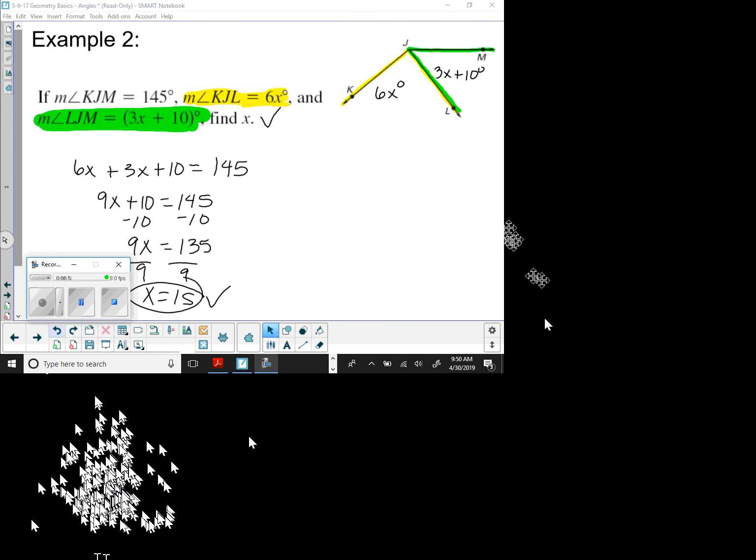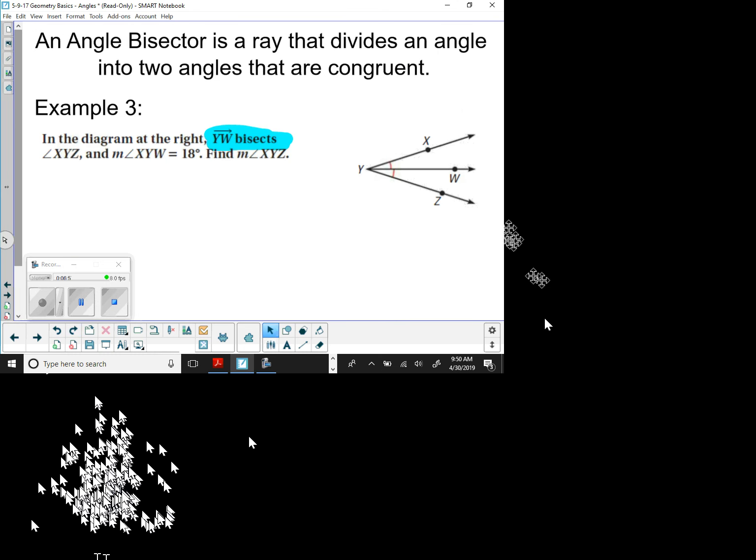All right, moving on. An angle bisector is a ray that divides an angle into two angles that are congruent. In example 3 in the diagram at the right, YW bisects XYZ, and the measure of angle XYW is 18. Find the measure of XYZ. So we know the measure of angle XYW is 18 degrees.